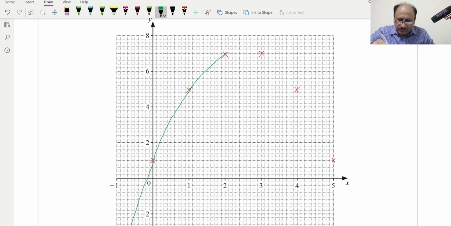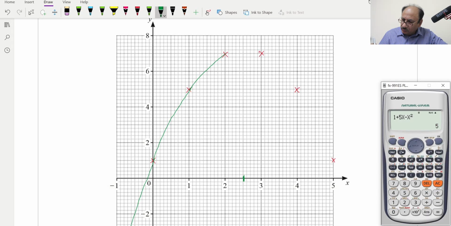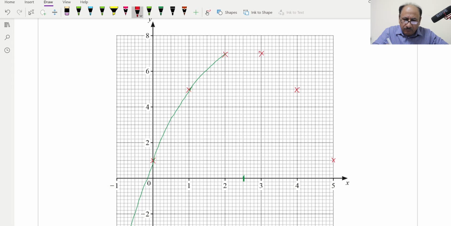In between we can take another point over here, 2.5, and we use the calculator to calculate for 2.5, and this will give us 7.25. So it will be a little above 7.25. 7.25 will be like over here.